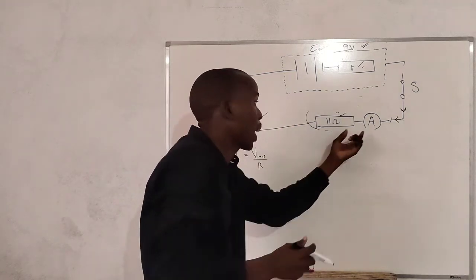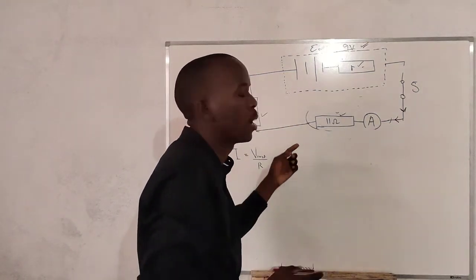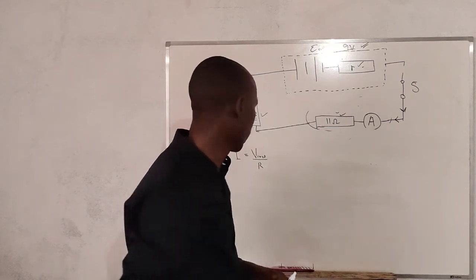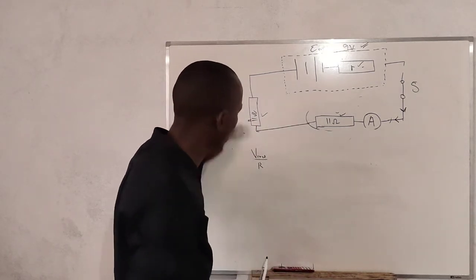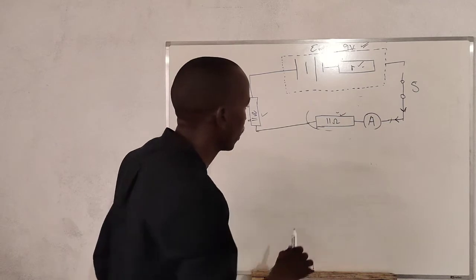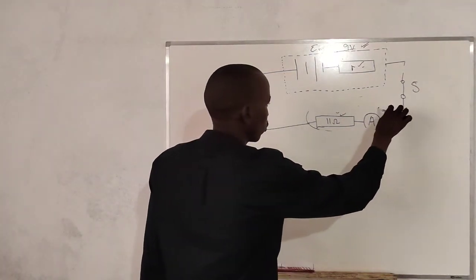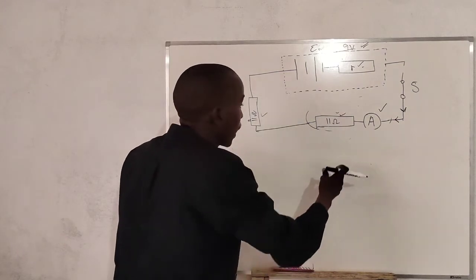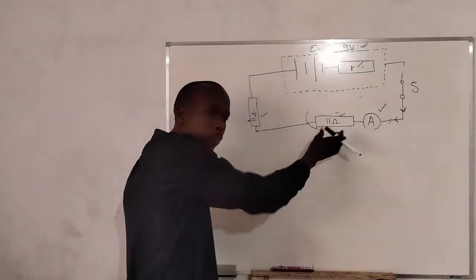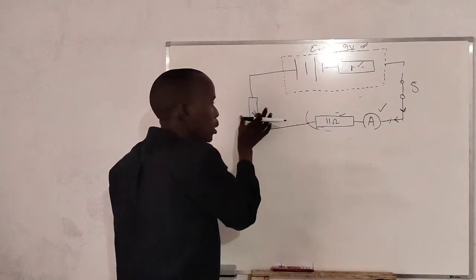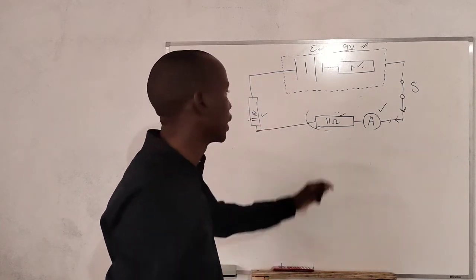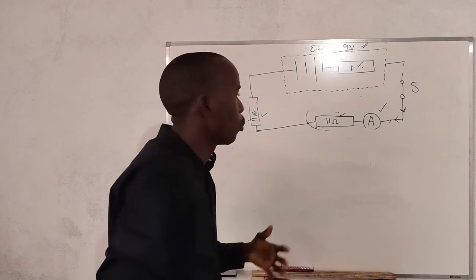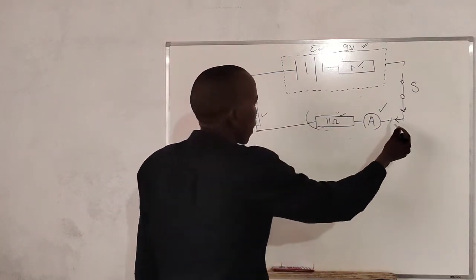At first, when there was the other resistor, it was measuring the current passing through this 11 ohm resistor only. But this time, the current passing through this resistor is the same as the current passing through the other resistor. The reason is they are in series. That is a huge change. There is only one path.